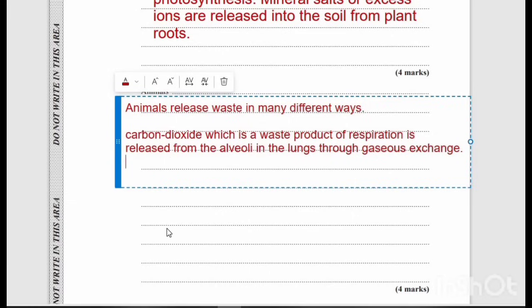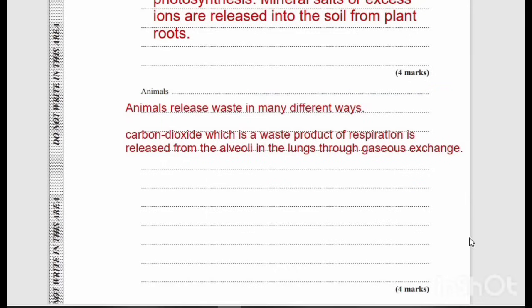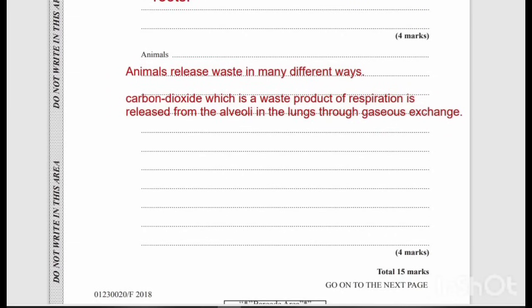Guys, when animals inhale or exhale, right, they are actually intaking gases and oxygen is being used, but in the process carbon dioxide is going to be given off and exhaled. Now when you're talking about how animals release this carbon dioxide, you have to talk about the alveoli in the lungs, and that gaseous exchange happens here, and it happens as a result of respiration, right?